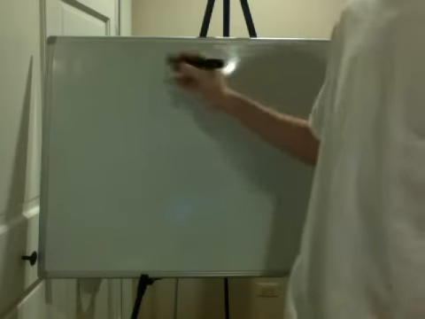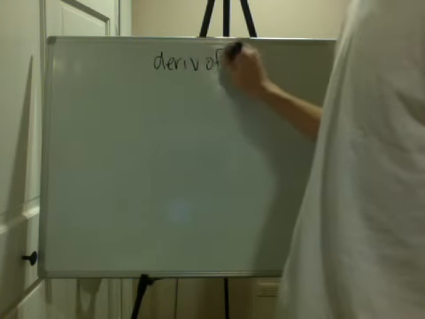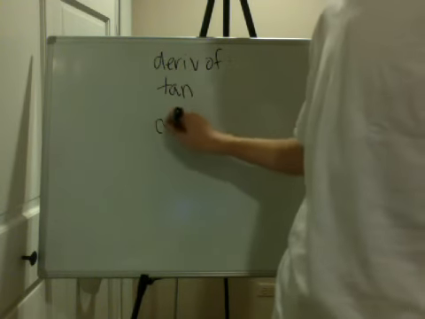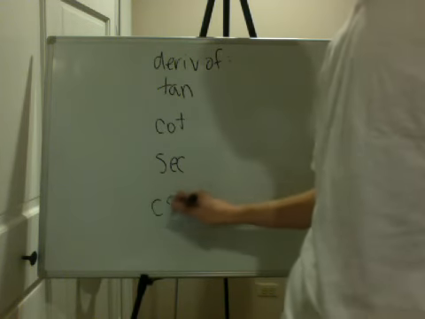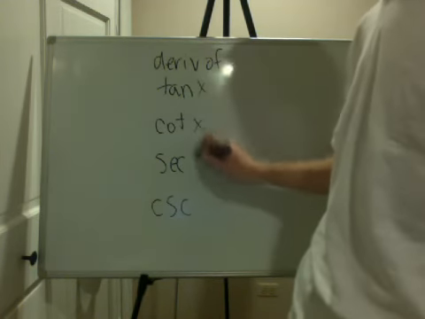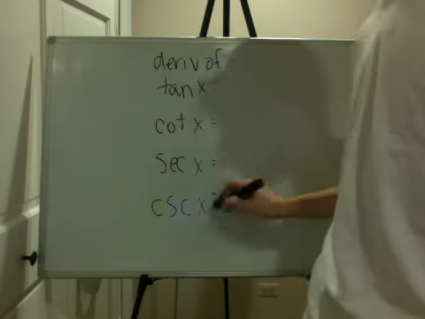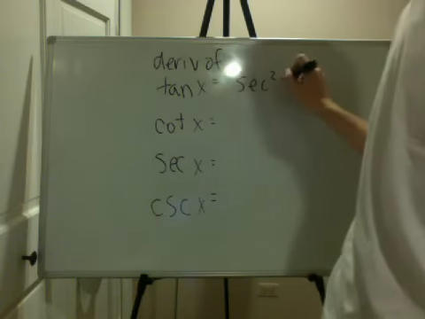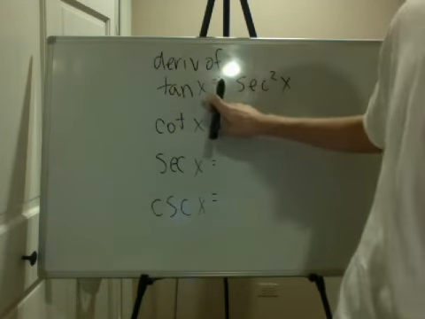But assuming these are like derivatives, so the derivative of tangent, cotangent, secant, and cosecant. And I know you don't want to memorize these, so I actually have a little trick that you can use to remember these that I'll teach you in a second. But the derivative of tangent is secant squared.